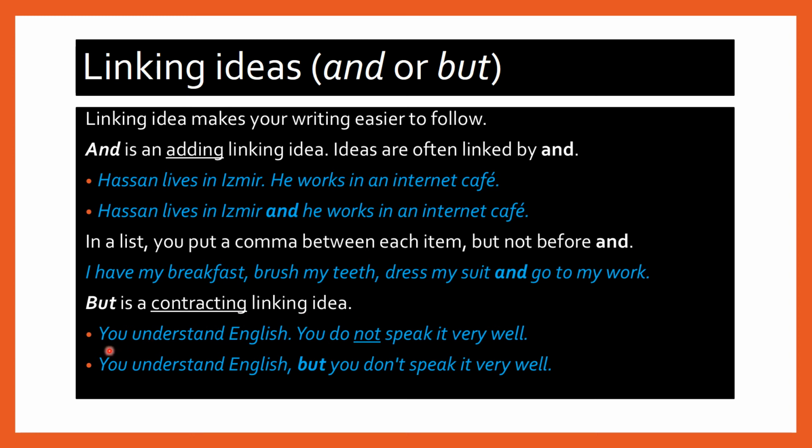For example, you understand English. You do not speak it very well. These two sentences are contrasting. To link them, we should use the contrasting idea but. The sentence becomes: you understand English, but you don't speak it very well.